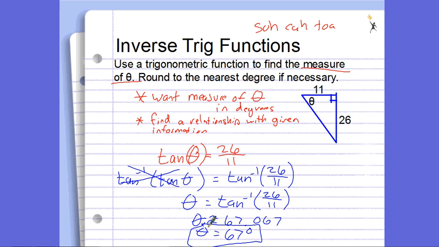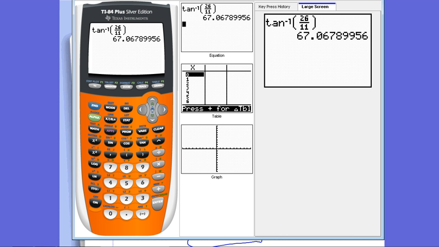Now, students always ask me, yeah, but could I use secant, cosecant, and cotangent? Sure, you can. But notice your calculator does not have those. But does that mean I can't do it? How would I do secant, cosecant, and cotangent? Remember, they're just what of each other? Reciprocals. So like if I wanted to do, let's say the cosecant. Cosecant is the inverse of what? Sine. So all I have to do is this.